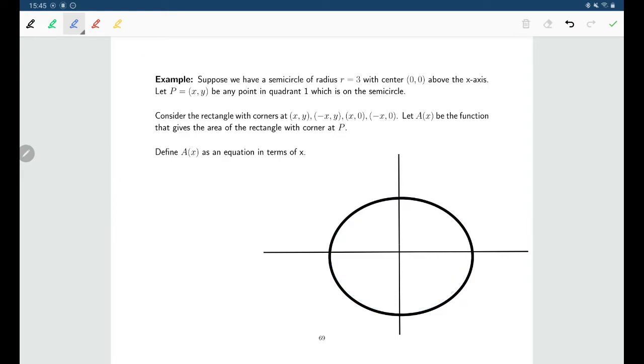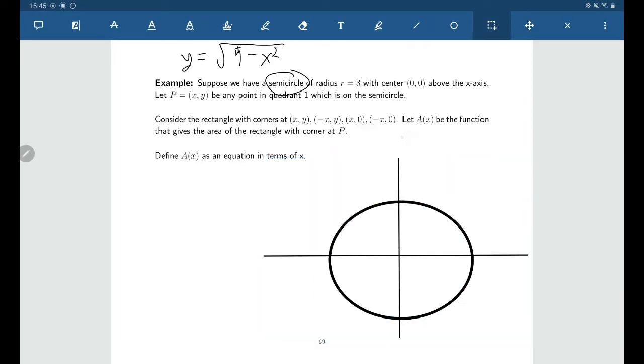So the equation for our semicircle would be y equals the positive root of 9 minus x squared. That would be the equation of a semicircle centered at the origin, radius of 3, and above the x-axis.